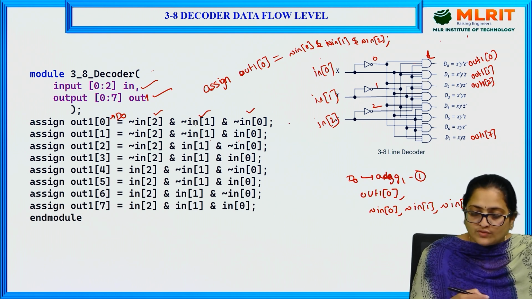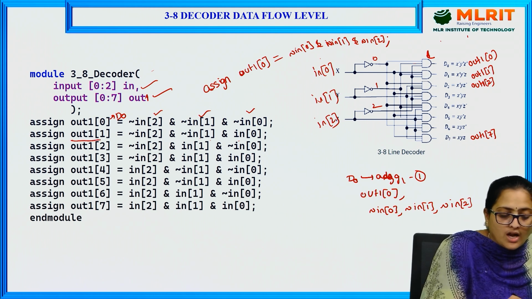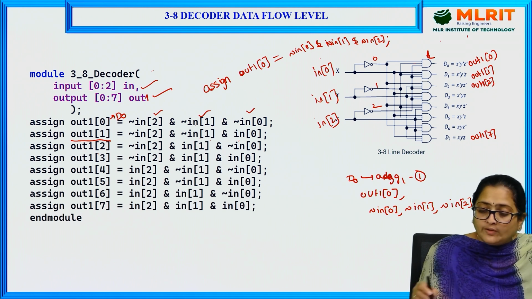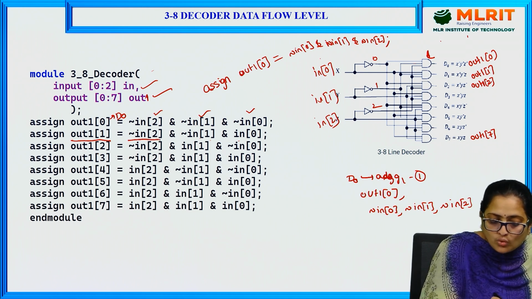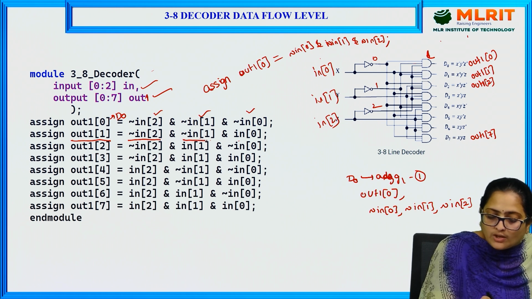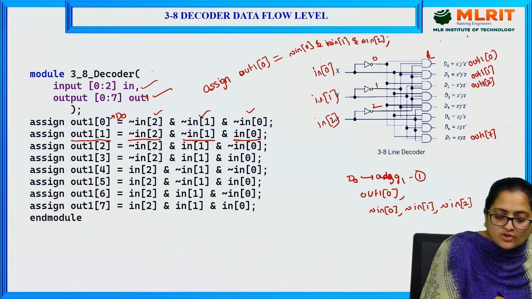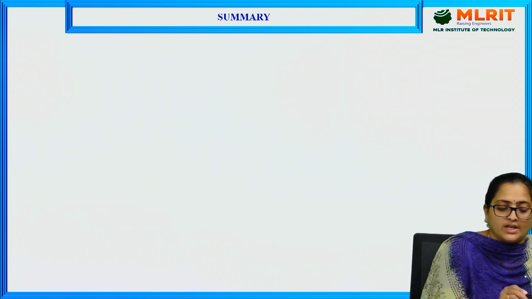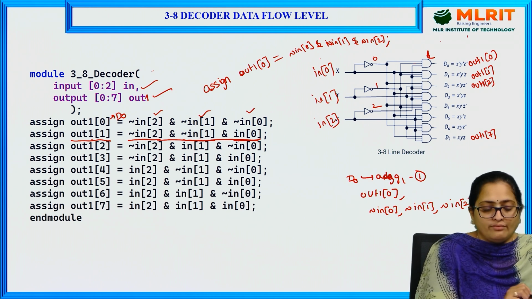The output of the second AND gate is given the name OUT1 of 1. The inputs of this AND gate will be complement of IN2, complement of IN1 and IN0. It performs an AND operation between these three inputs, and the result will be stored in OUT1 of 1.